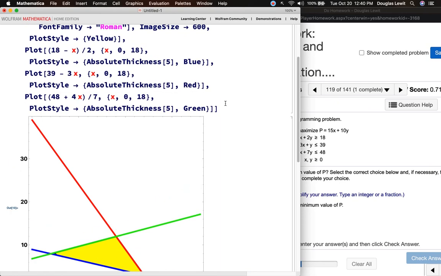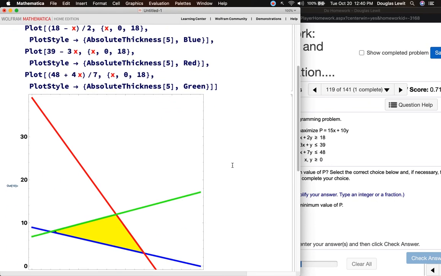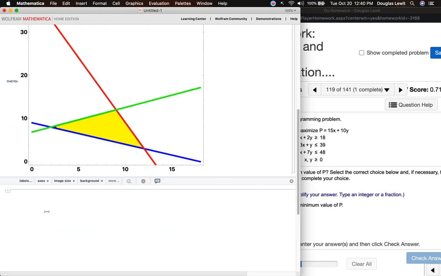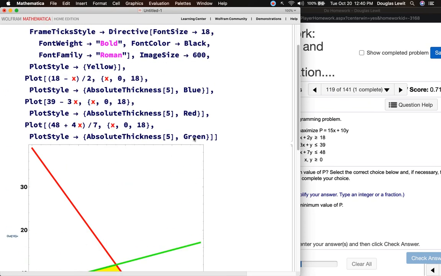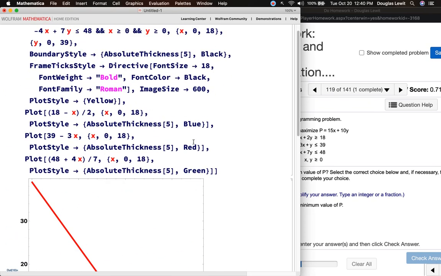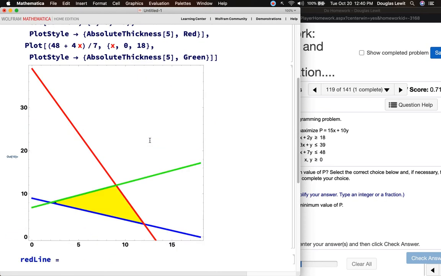As you can see, this is the command in Mathematica that you would use to generate this picture. So let's figure this out. My red line is equal to 39 minus 3x.